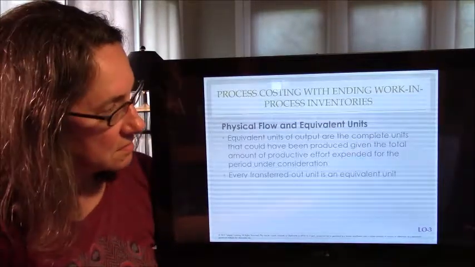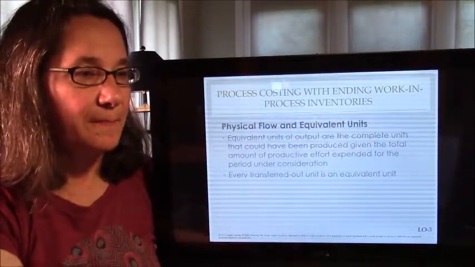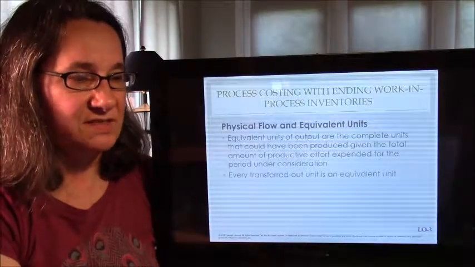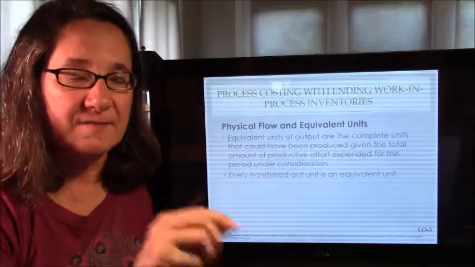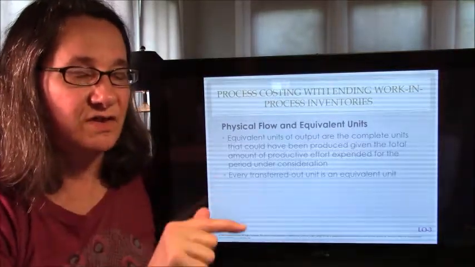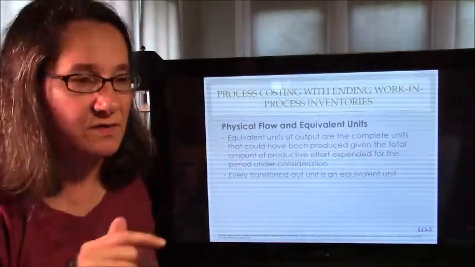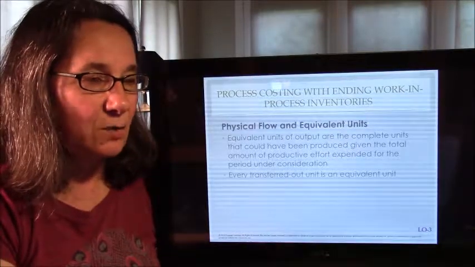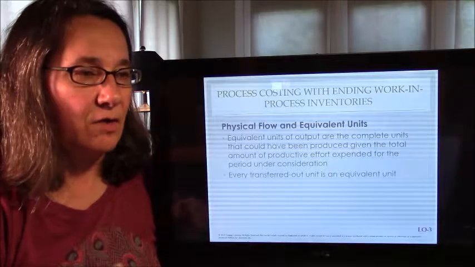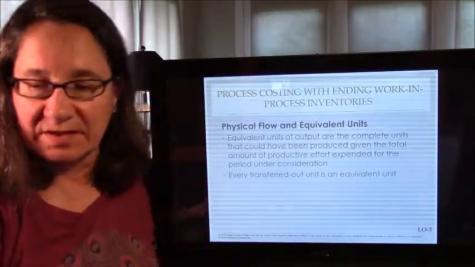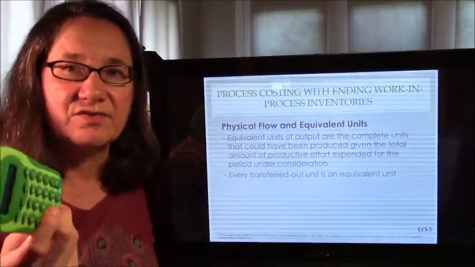JIT. All right. Now, if you do have work-in-process inventories, the first thing you have to understand is physical flow and equivalent units. All right? So, I think we've discussed how we have an assembly line. Let's come back to our calculators. All right?